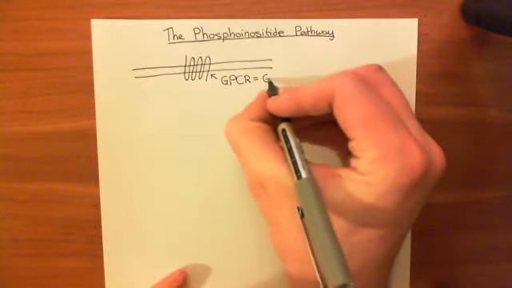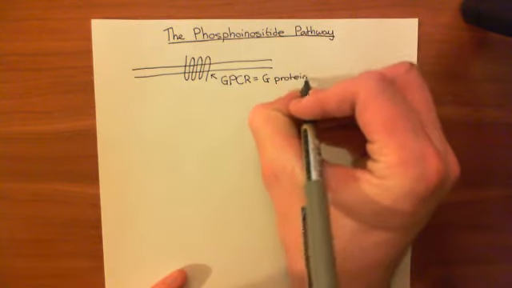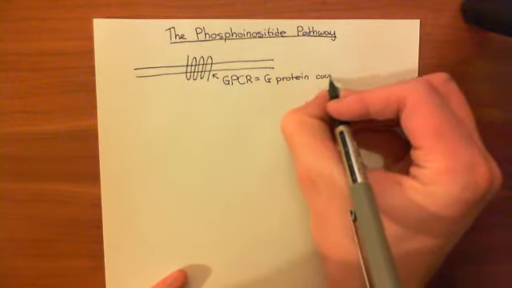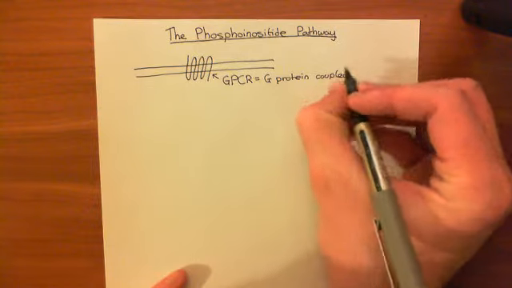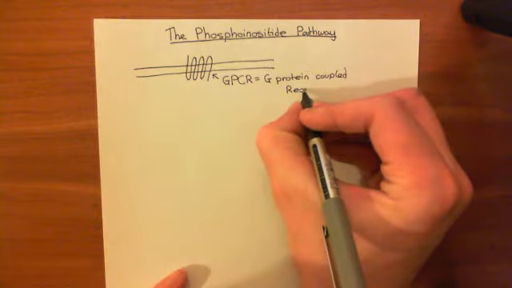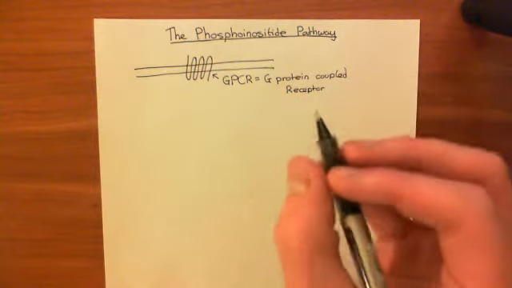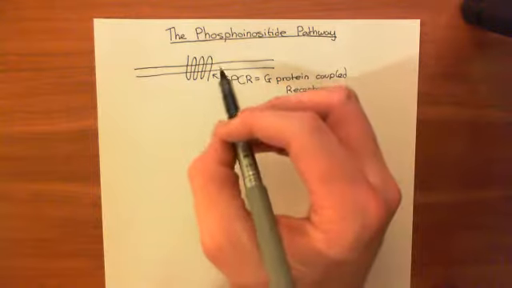And basically, these G-protein coupled receptors, which activate the phosphoinositide pathway, will be coupled to a very specific type of heterotrimeric G-protein. Okay, so I'm going to keep it nice and general at first.